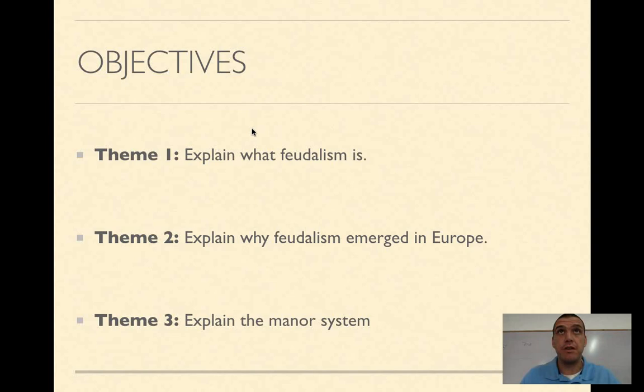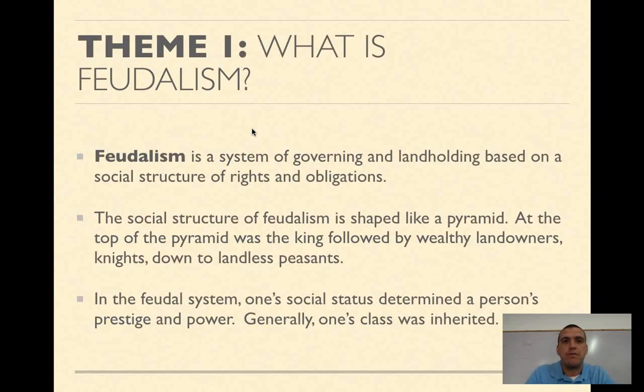People were changing the styles of government from loyalty to the state, being good law-abiding citizens, to more of personal ties, loyalty through personal ties and family ties. So feudalism had a lot to do with that, so we can link that in. Anyways, we'll begin here with theme 1, what is feudalism?